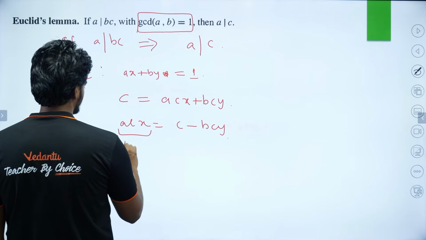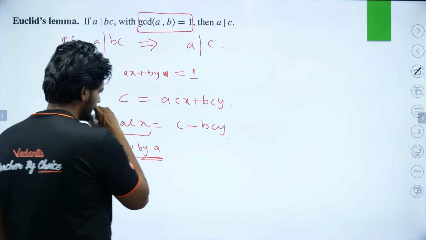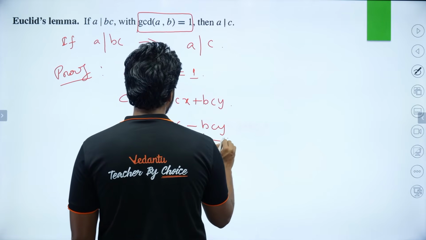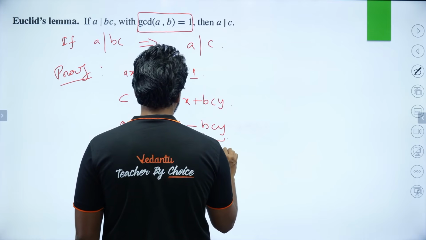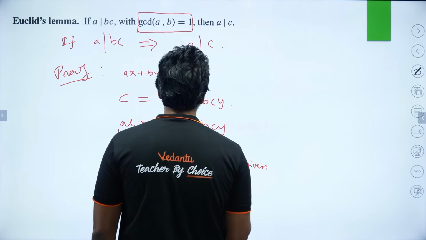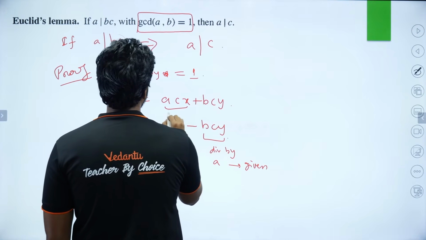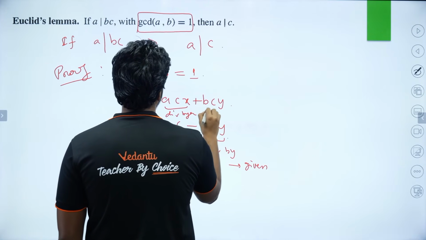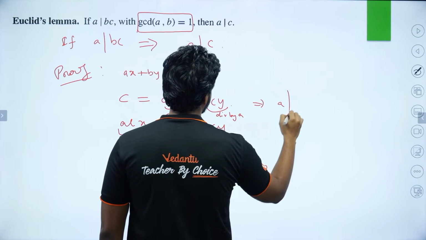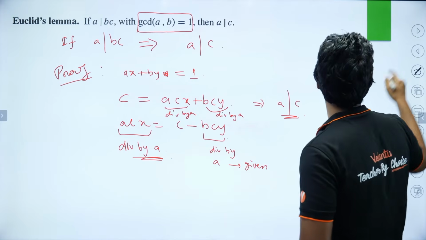This is divisible by A, and this is also divisible by A. Or rather, here you must see that this is divisible by A, this is divisible by A. That should imply that A must divide C. It is a very obvious thing even if you do it rigorously.